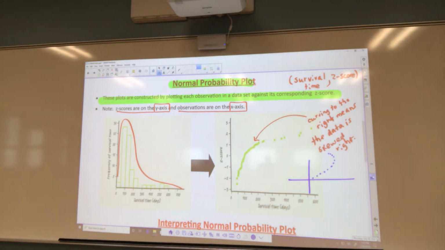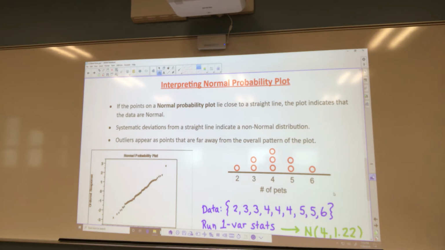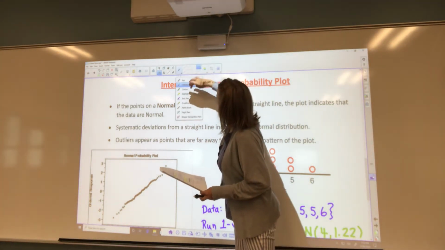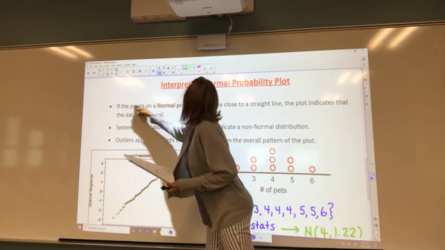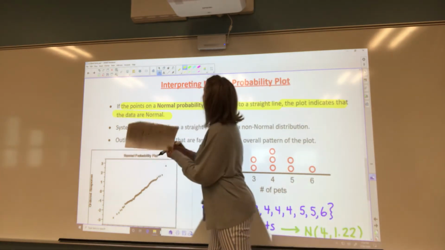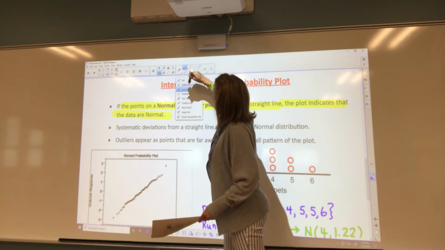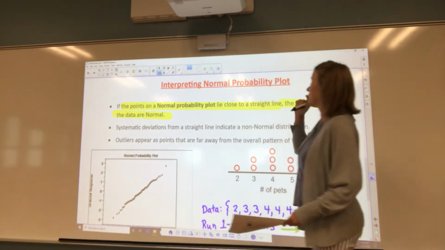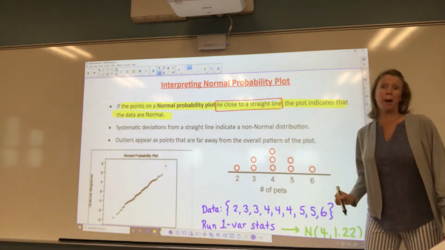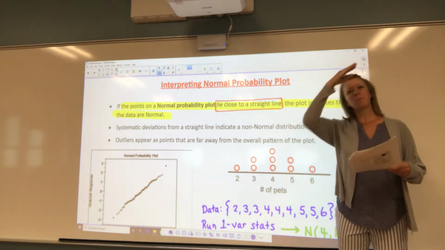All right, so let's look at an example. It says here, if the points in your normal probability plot lie close to a straight line, then that indicates that your data set is normal. So when you look at the normal probability plot, does the scatter plot feel like the trend is pretty much a straight line?